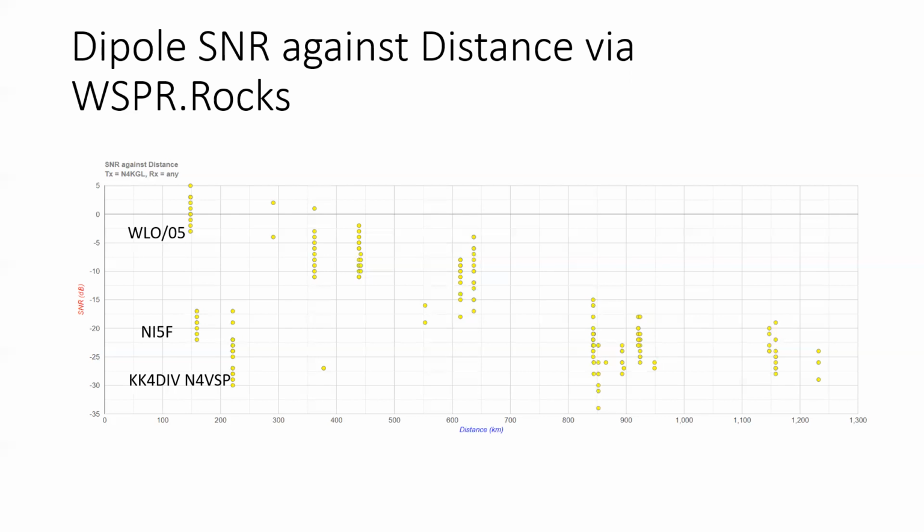If you throw out the WLO, you can see a curve through this data where around 400 kilometers, maybe 300 miles or so, was pretty good, except for that WLO.